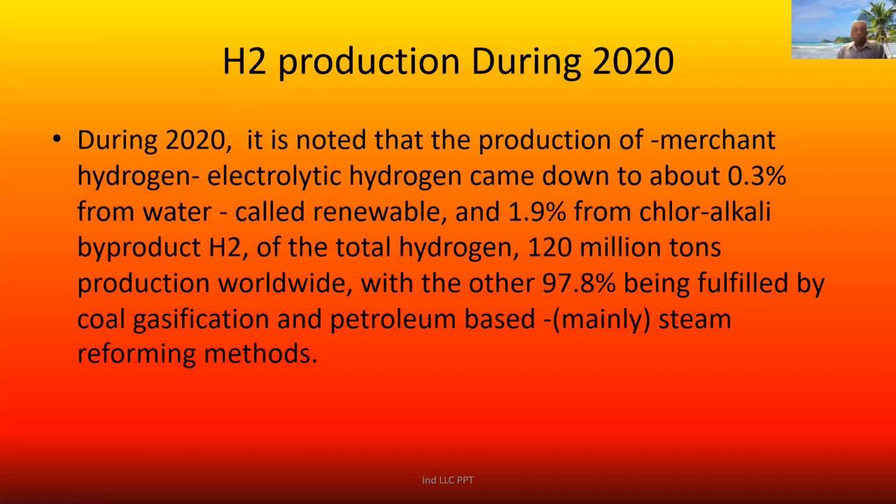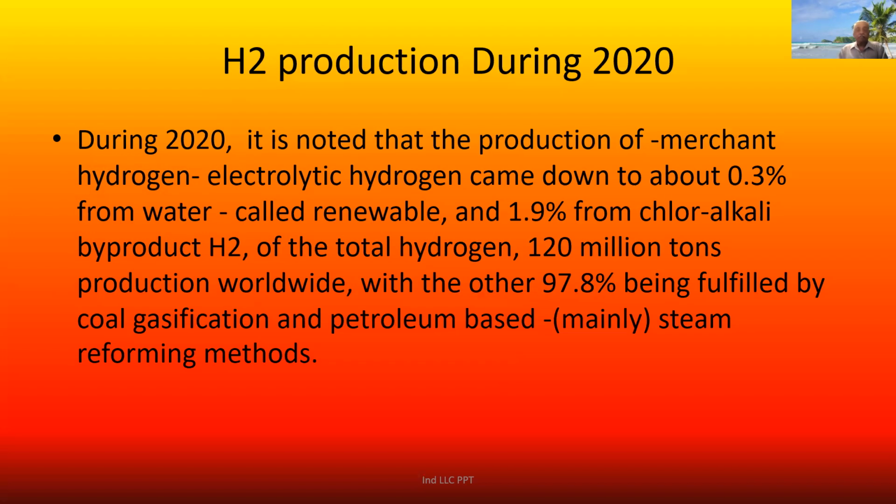During 2020, worldwide, 120 million tons of hydrogen was produced, of which only 360,000 tons were produced by the green hydrogen method of electrolysis of water. Additional 1.9% came from a byproduct of chloralkali production, which is also an electrolytic method.